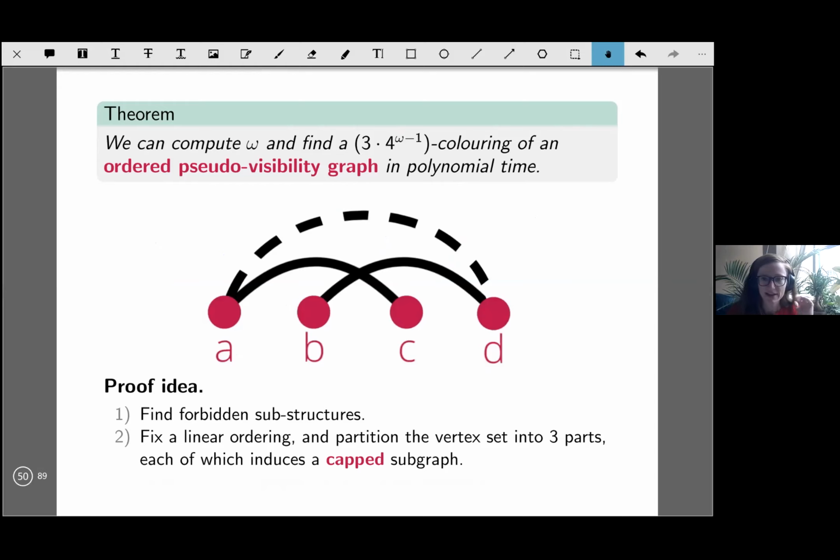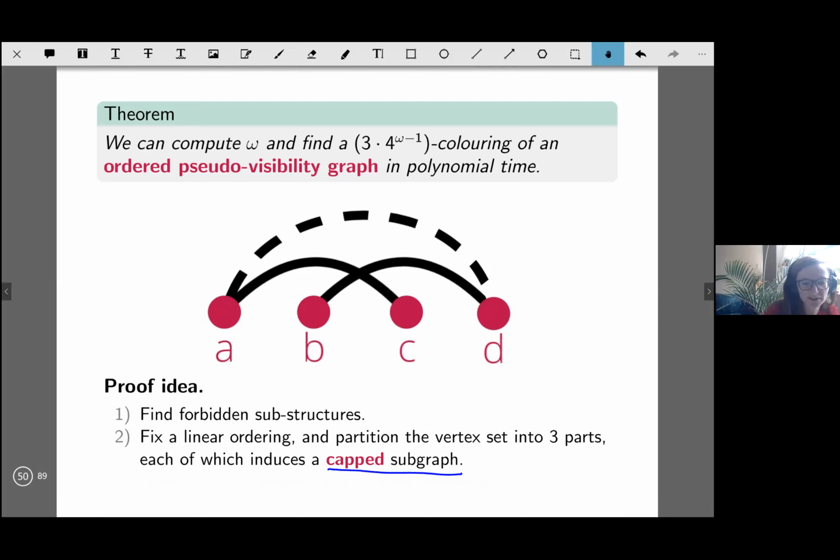So the next main idea of the proof is that we're going to fix a vertex to be the smallest vertex, and we're going to look at the linear ordering which that gets us. And in that linear ordering, we're going to find a partition of the vertex set into 3 parts, each of which induces what we're calling a capped graph.